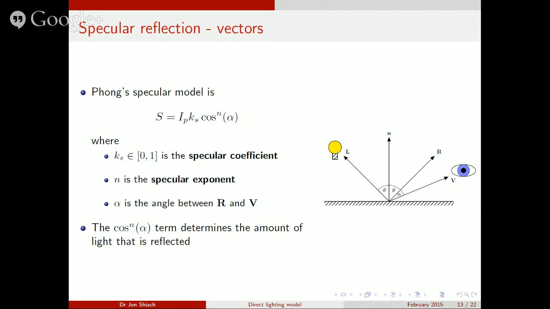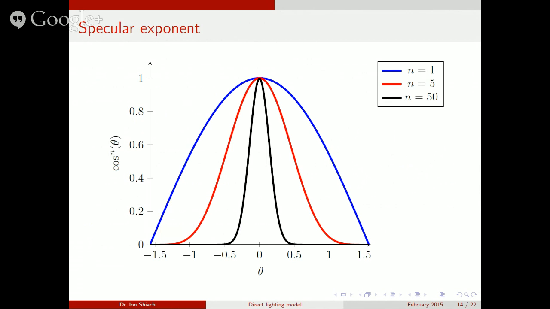Well, Phong, who developed this in the early 70s, used this model. What I have here is, along the horizontal axis, the angle theta, which should really be alpha. This goes from minus pi over 2, i.e. minus 90 degrees, to plus pi over 2.